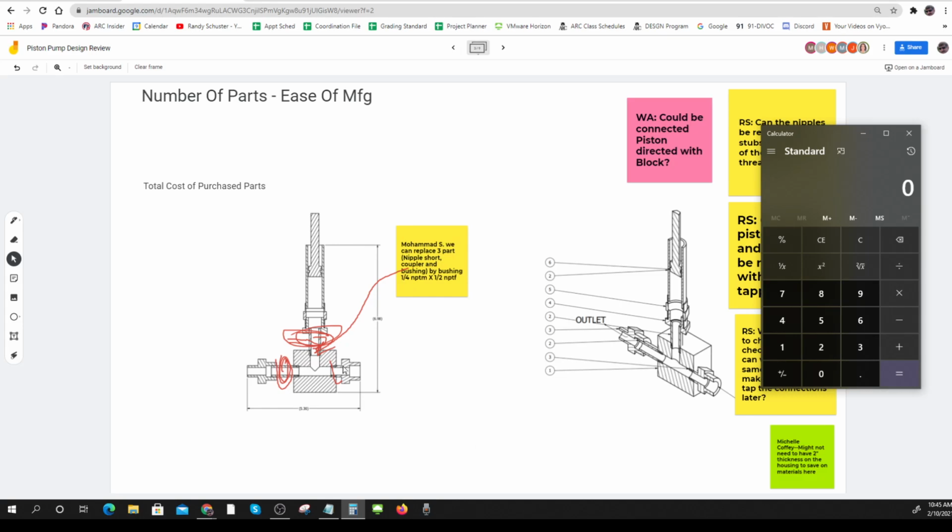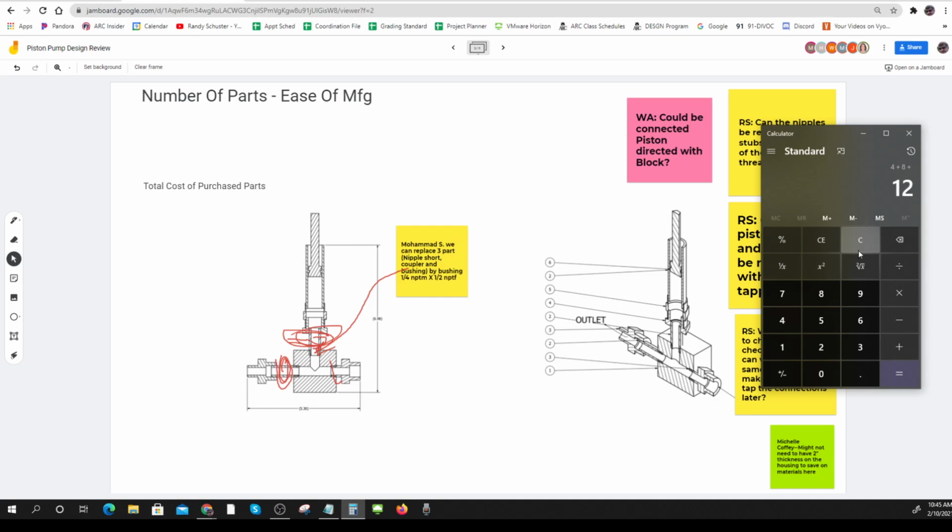I think it's like these nipples are like $2 a piece, so 2 times 2. And these check assemblies are like $4 a piece, plus 2 times 4. Oh, that didn't work. 4 plus 8.